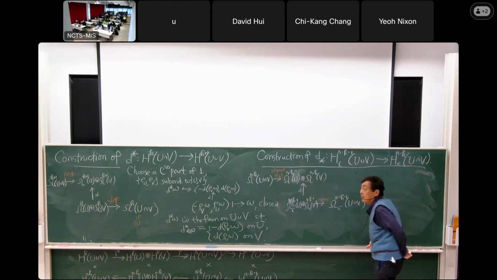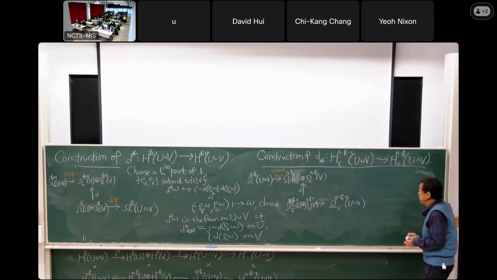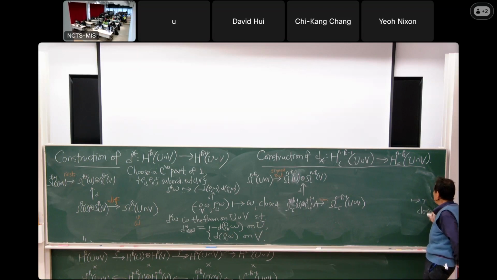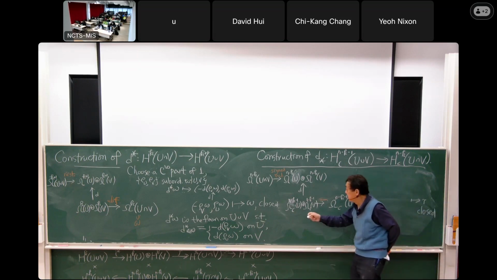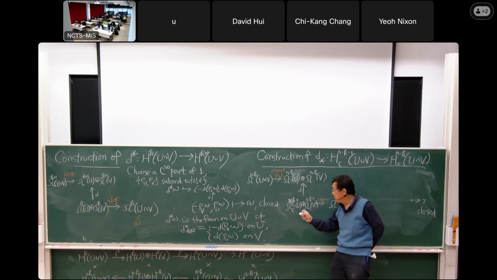Okay. So we start with tau, which is closed. And it comes from the sum of a form on U and a form on V. Okay.